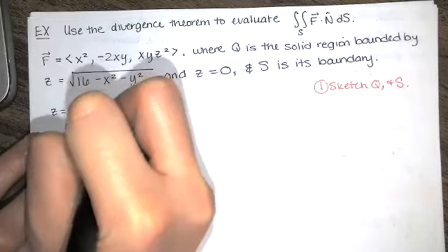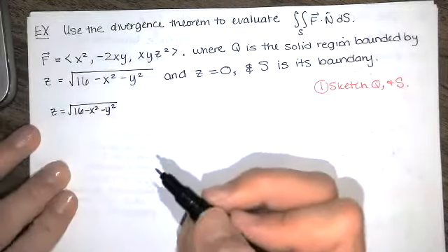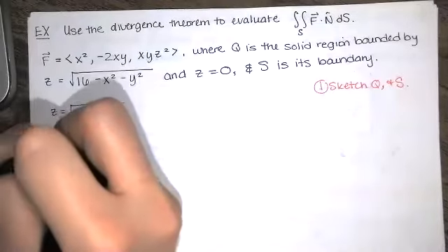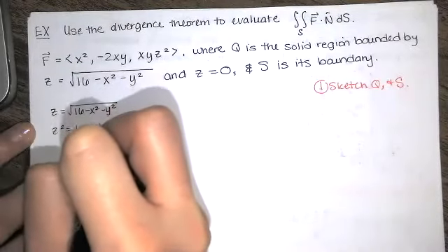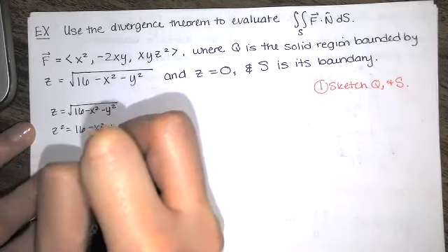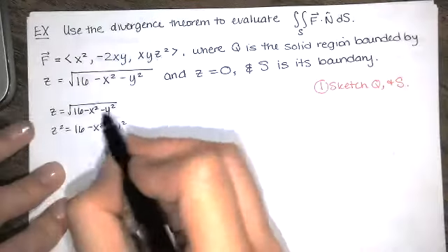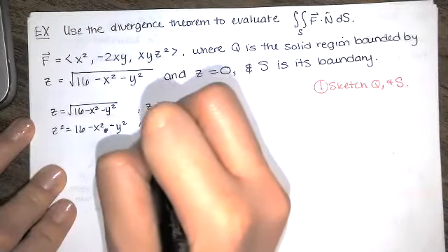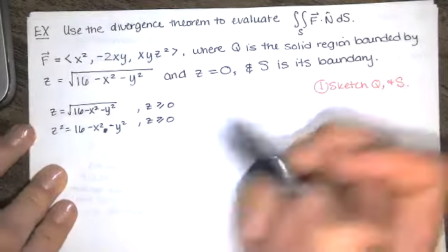Now, it's not 100% obvious what that surface is, but I notice I can get rid of that square root by squaring both sides. Oops, that should be minus y squared. Now, because this was a positive square root, it was implied that z was greater than or equal to 0.